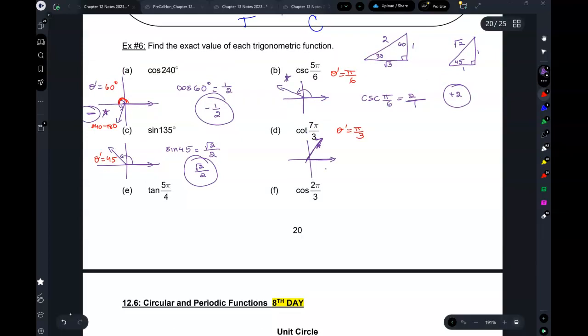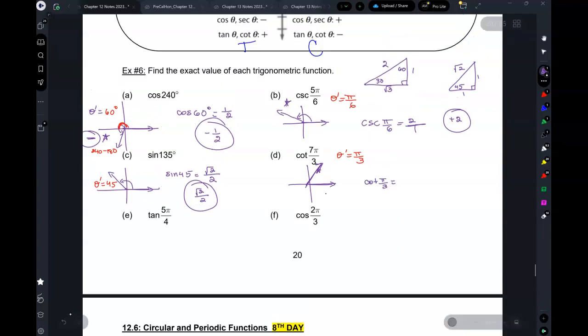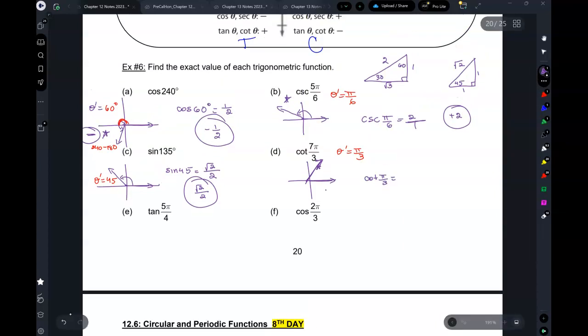What's cotangent? Okay, so go over here. Cotangent of pi over 3. Are we looking for the 30 or the 60? 60. Okay, so find me the cotangent of 60. Okay, but what over what?